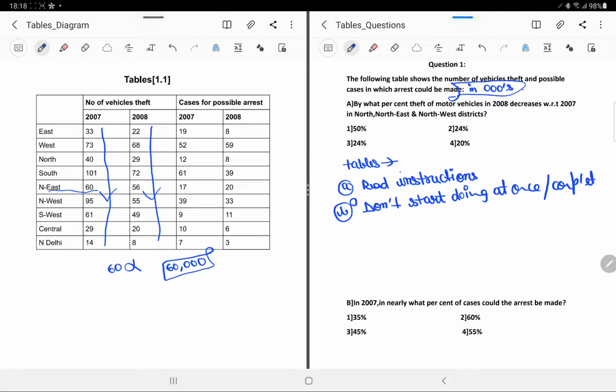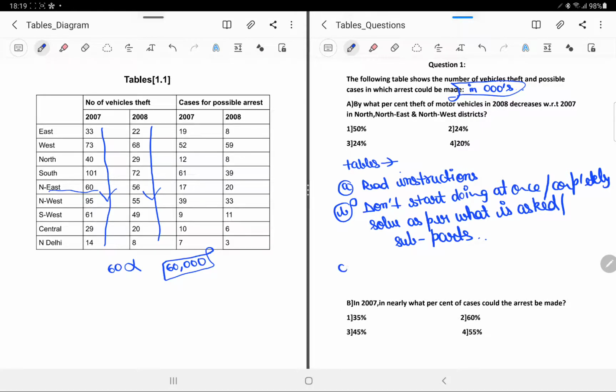Never ever in a question of LRDI try to solve it completely. What you should do is always solve as per what is asked, or the subparts. So just calculate what you are asked for. At the end, solving that question or that subpart is what matters. So just try and find out what they are actually interested in asking.